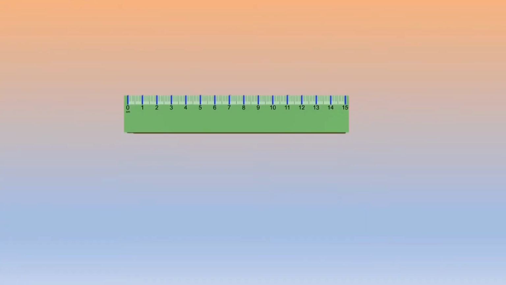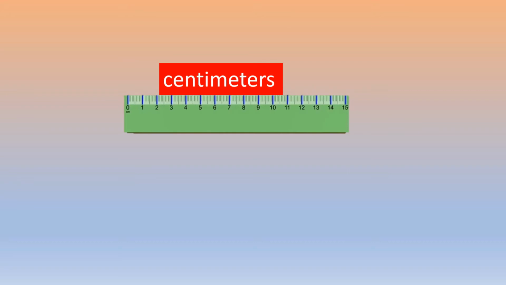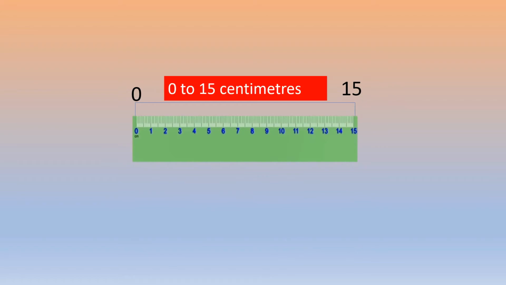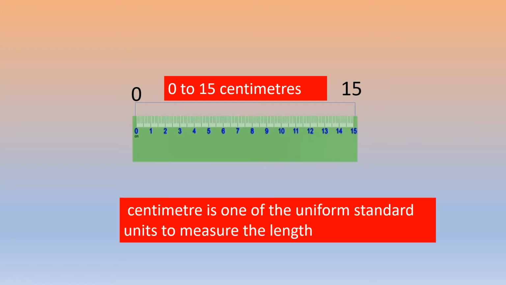The markings indicate centimeters. We can measure the length of any object in centimeters. Here the numbers 0 to 15 show 0 to 15 centimeters. Centimeter is one of the uniform standard units to measure length.